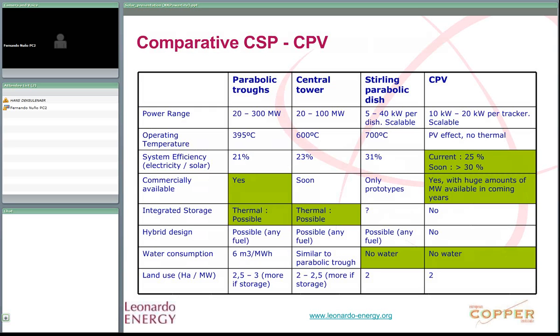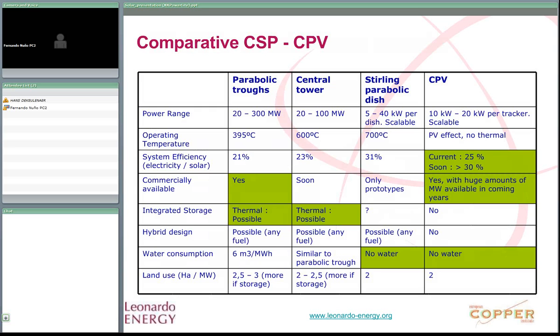Hybrid design is possible for thermal technologies using any other fuel, not for CPV. As for water consumption, a wet cooling tower takes big amounts of water, so the parabolic troughs technology is about 6 cubic meters per megawatt hour. CPV and Stirling technology don't need water, so this is a big advantage.